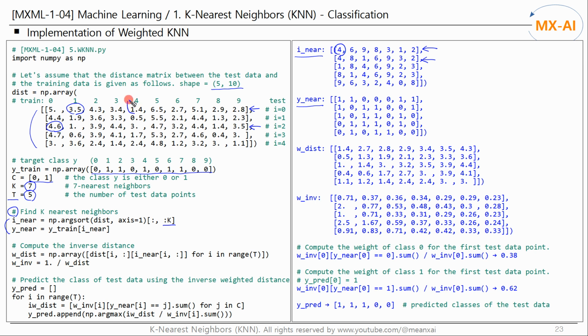The distance is 1.4, which is the smallest value in the first row of the distance matrix. And Y near contains the classes assigned to the training data points above. The training data point 4 has class 1. And the training data point 9 has class 0.